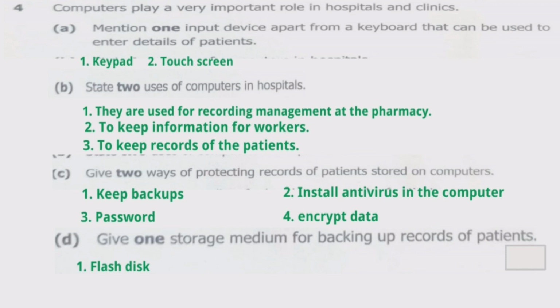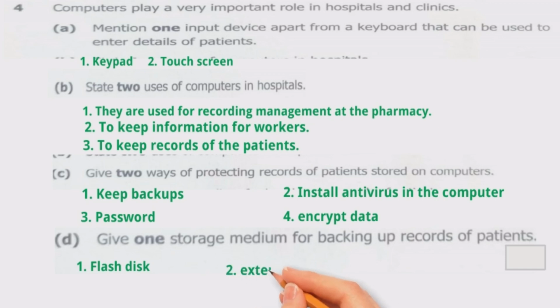The majority of the data is not too heavy, the volume is small, so it can even be backed up in a flash. Then you keep this flash in a safe place, because if you don't, the same flash can be used to store other information.